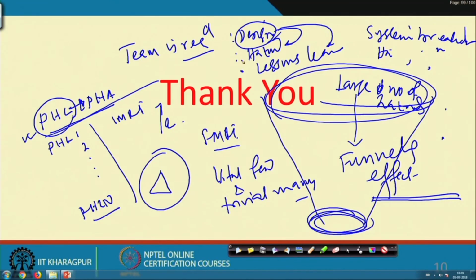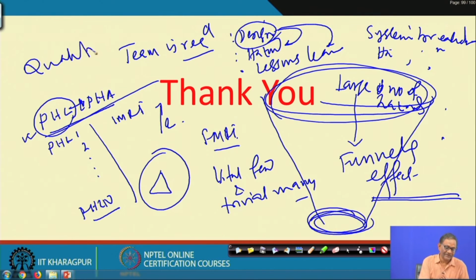PHL will give you many hazard triangles, and PHA will tell you what the amount of risk is and what kind of actions can be taken so that the risk can be minimized. We have discussed risk in the qualitative way, that means P in 4 or maybe 5 points and C in 4 points.